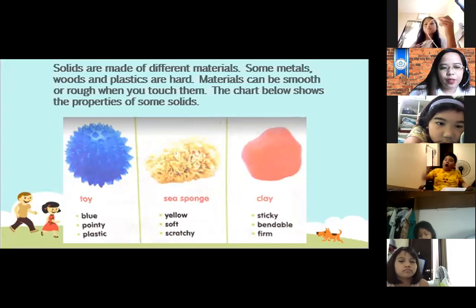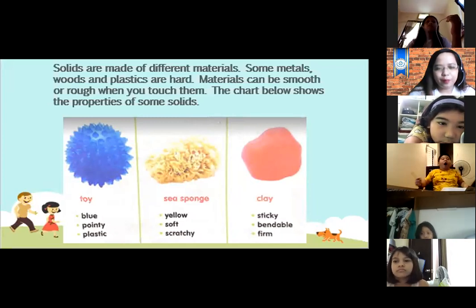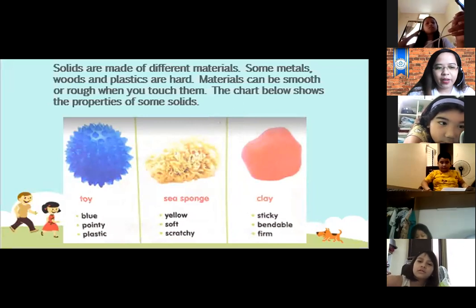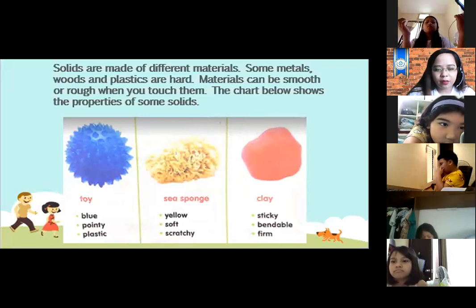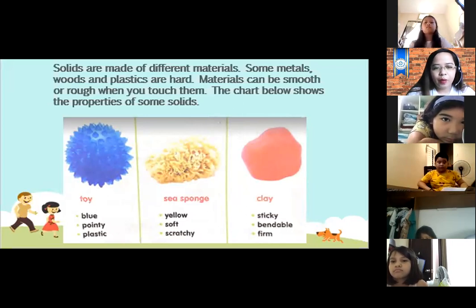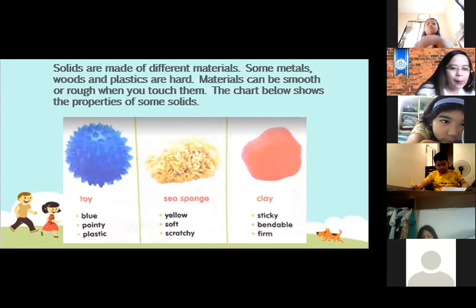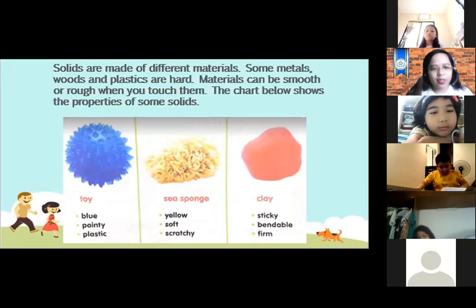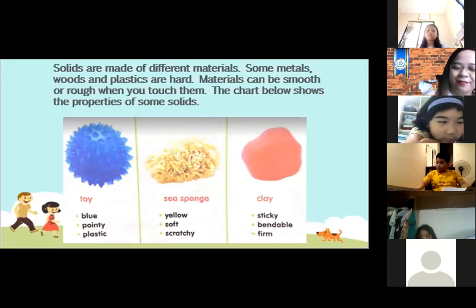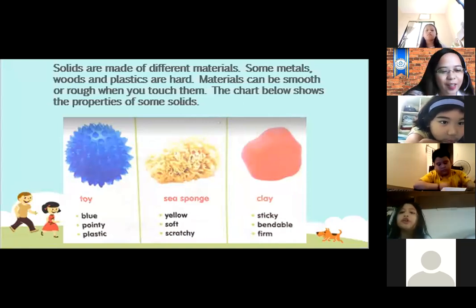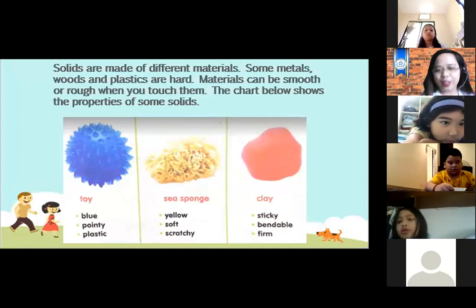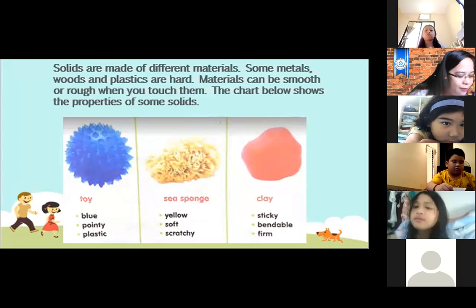Andre looks so handsome with his new hair. I like your haircut, Andre. Where did you have your haircut? What's the name of the salon? The name of the mall.